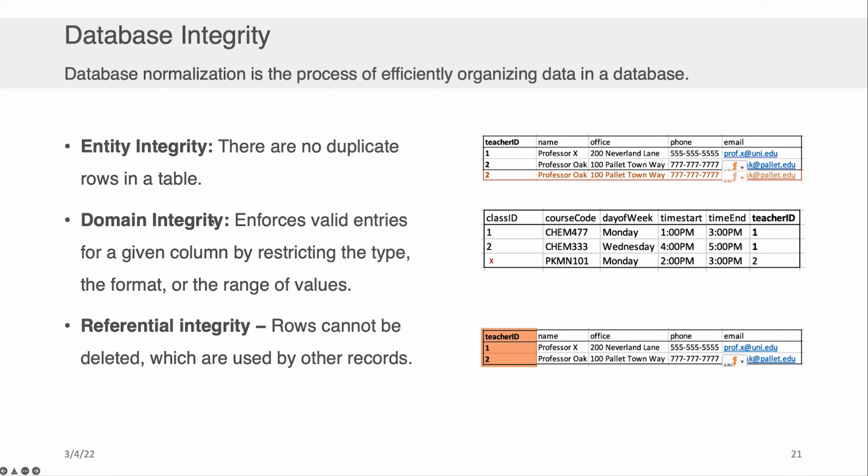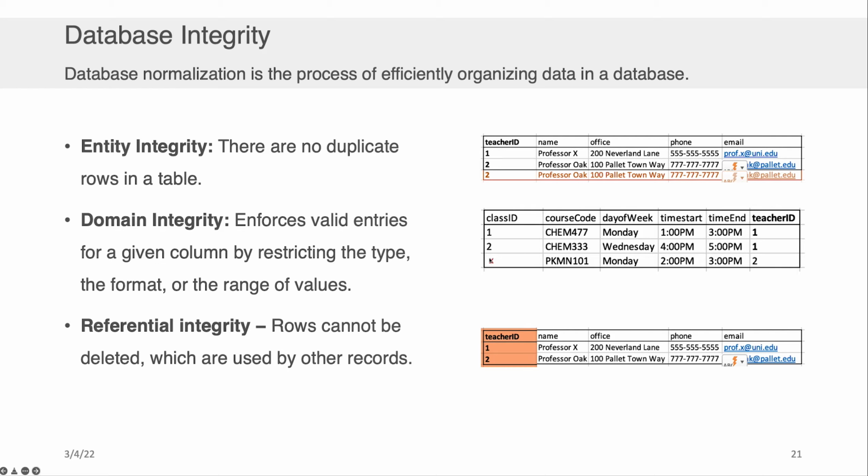There's also domain integrity. This means making sure that the type information for these columns is adhered to and respected. Again, databases take care of this for the most part for you. You can't, for example, if class ID is an integer, insert a character like X. But you could design your database in a way that allows you to be sloppy.